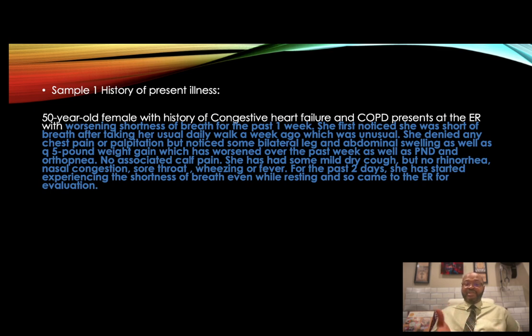It says worsening shortness of breath for the past 1 week. She first noticed she was short of breath after taking her usual daily walk a week ago, which was unusual. She denied any chest pain or palpitations, but noticed some bilateral leg and abdominal swelling, as well as a 5-pound weight gain, which has worsened over the past week, as well as PND and orthopnea.